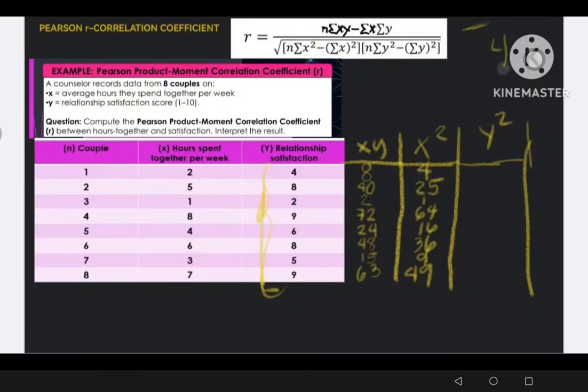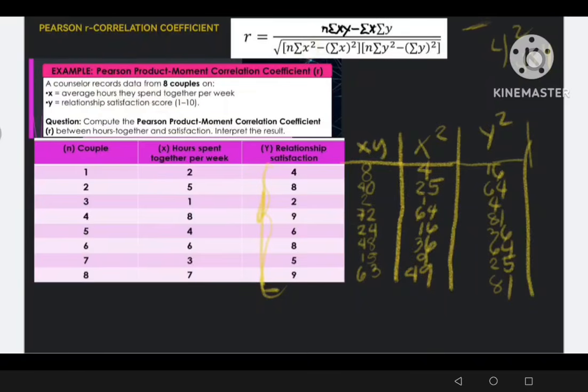So 4 squared is 4 times 4, which is 16. 8 squared is 64. 2 squared is 4. 9 squared is 81. 6 squared is 36. 8 squared is 64. 5 squared is 25. And 9 squared is 81.